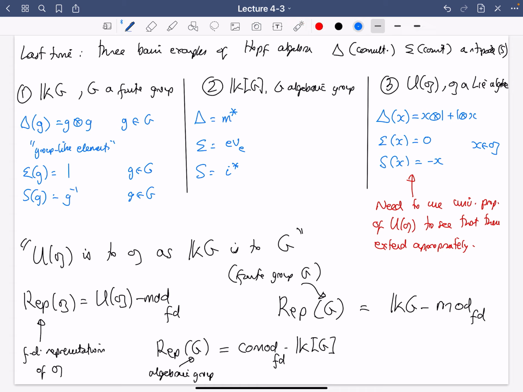So let me just note here that all three categories are symmetric tensor categories. And so that's why this Hopf algebra structure is important. It gives you this tensor product and this duality and this trivial module.